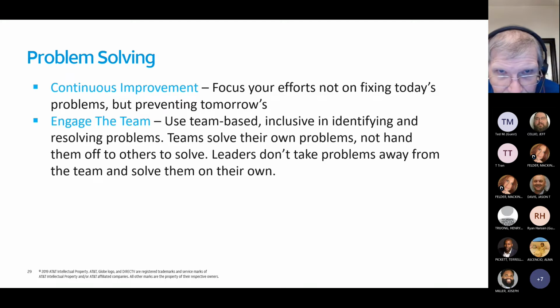And we want to put things in place to eliminate problems in our processes. Okay. So in order to do that, the most effective way is to engage the entire team, so that you have multiple people offering the solutions, evaluating the solutions, identifying what the problem is, and really scoping it out.